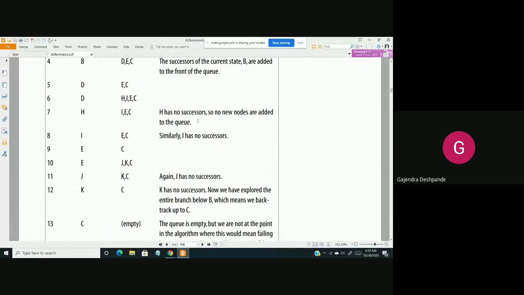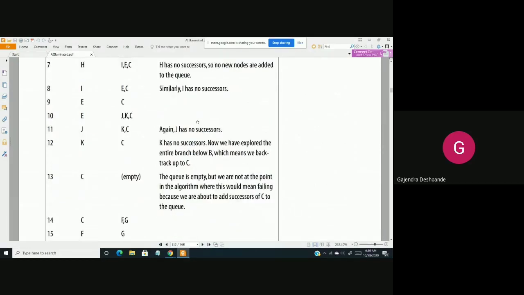At the 10th step, the state of the queue is J, K, and C, so it has three elements. Now remove J. When you remove J, K and C are remaining, but J is also not a goal node. Then remove K. K is also not a goal node.